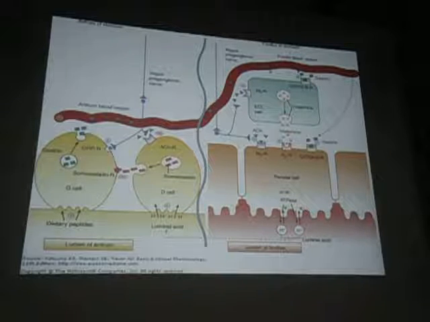We got to know in the previous class that somatostatin is a universal inhibitor. What are the hormones it can inhibit? Most of the hormones.